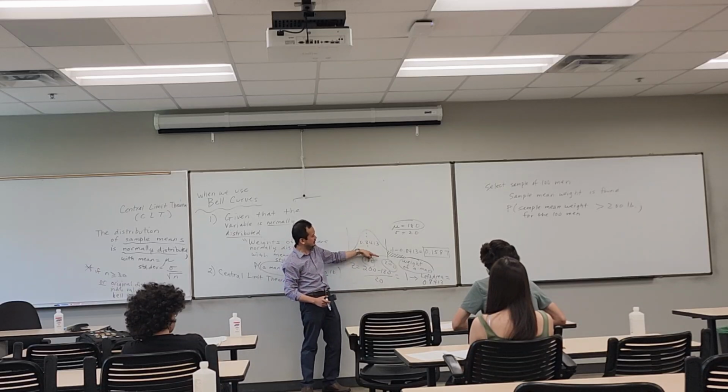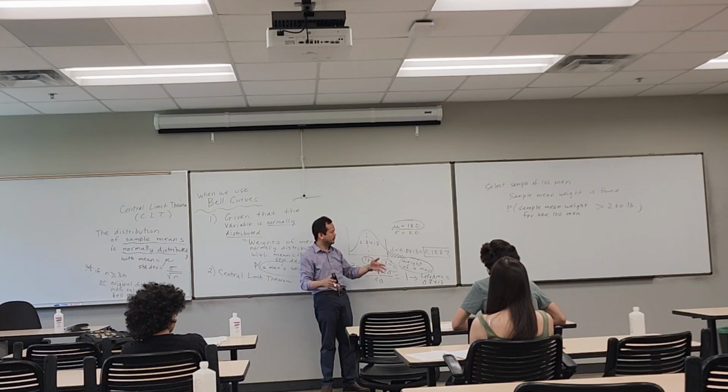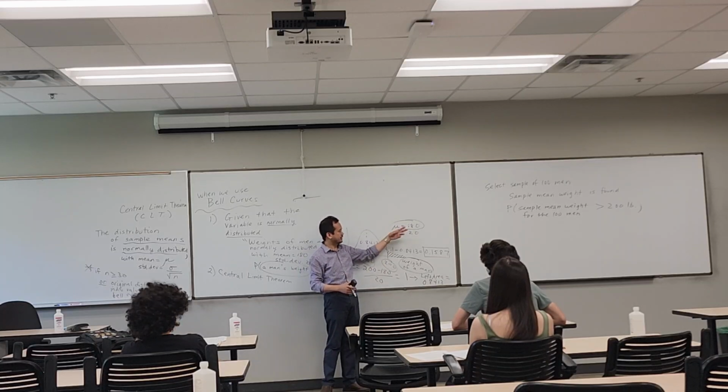That's why this probability distribution would look like a bell curve. If you took each of those weights, added them all up and divided by the total number, that would be the 180. And the standard deviation is 20.